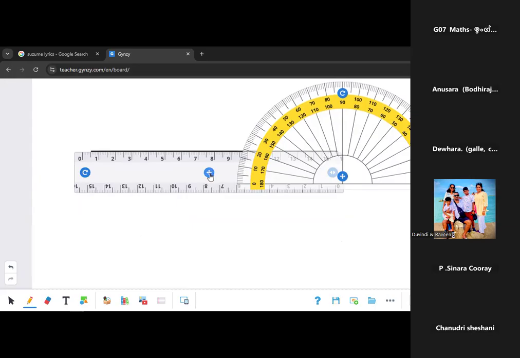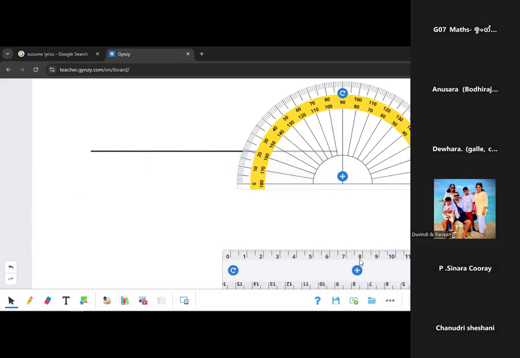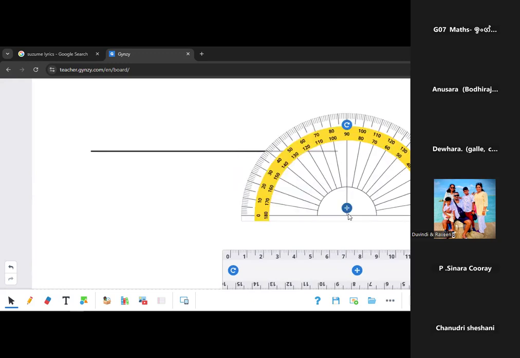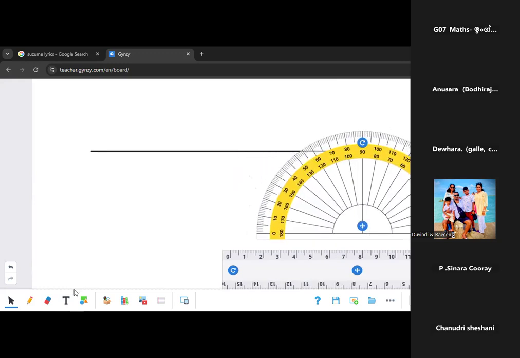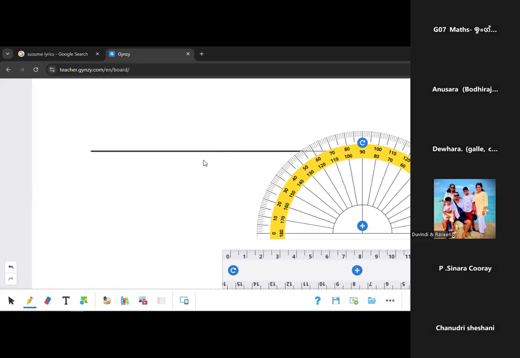Now I am going to remove my ruler. I will mark a point on this somewhere around here.